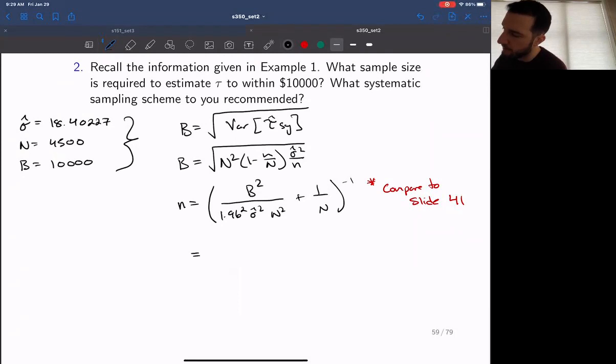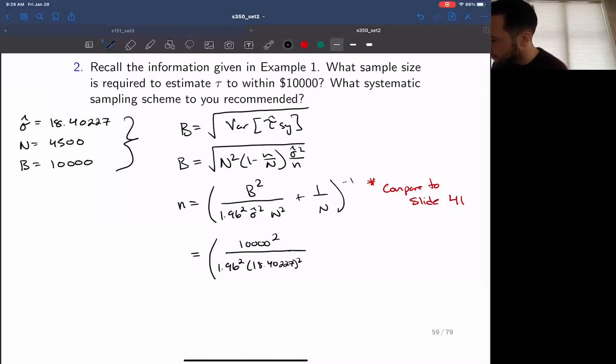So this is now going to be 10,000 squared divided by 1.96 squared, 18.40227 squared, multiplied by 4,500 squared, plus 1 over 4,500, inverse.